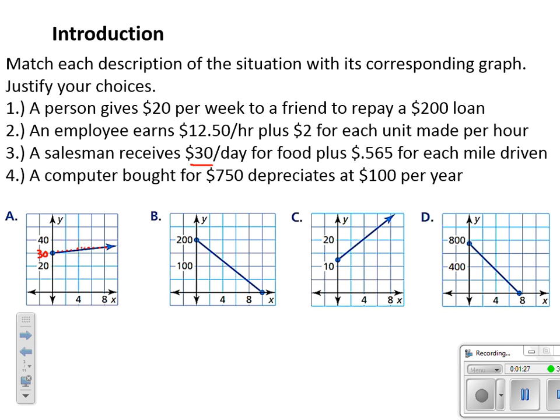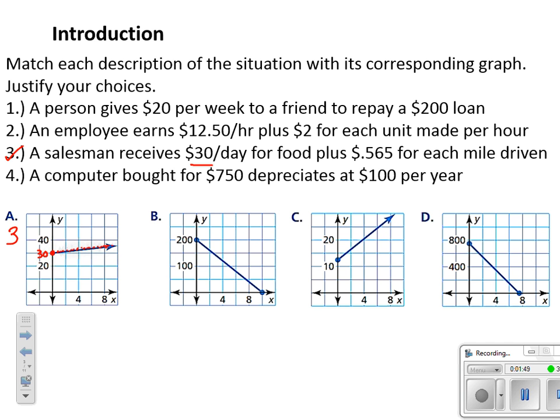This would show $30 a day for food, and then as he drives more and more miles, he earns more and more money on that business trip. So I'm going to say that letter A goes along with option 3.